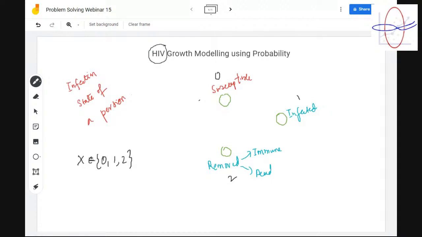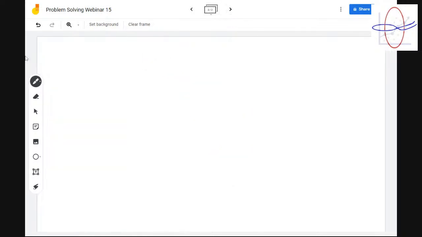with probabilities P0, P1 and P2. Where does X fit in here? The idea is very simple. We will see the proportions of susceptible persons, infected persons and removed persons.